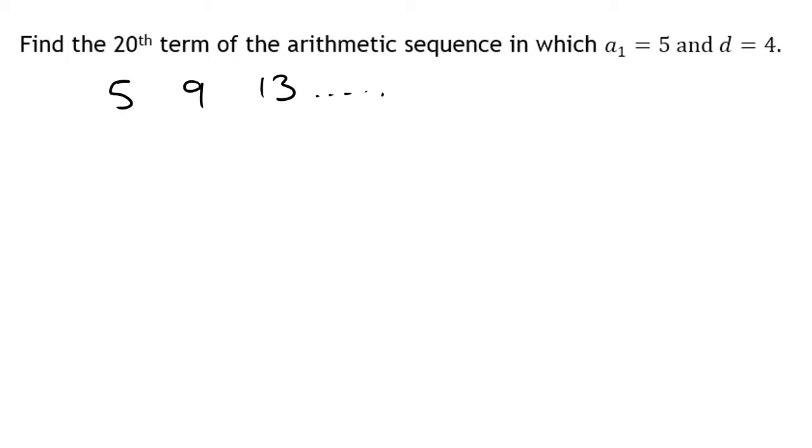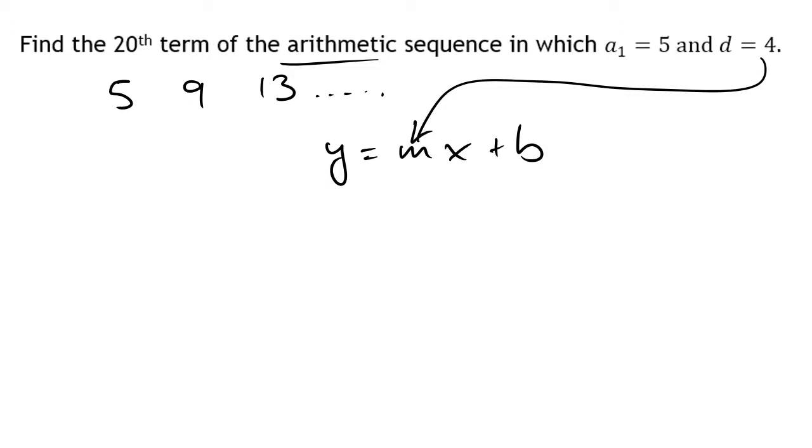Remember, arithmetic is linear, so it looks something like y equals mx plus b, where this m value is my common difference. It's what I'm adding each time. And a sub 1 is kind of my y-intercept. It's where I'm beginning, except I have to adjust it for a 0.